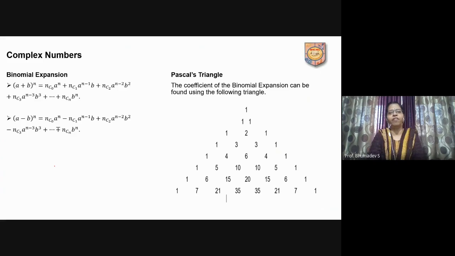In the same way, for the third order, the beginning and the last coefficient will be 1, 1, and the in-between terms you sum up from the previous row. So for the third order, 1, then 1 plus 2 is 3, and 2 plus 1 is 3, and 1.